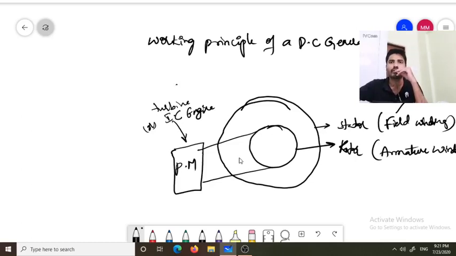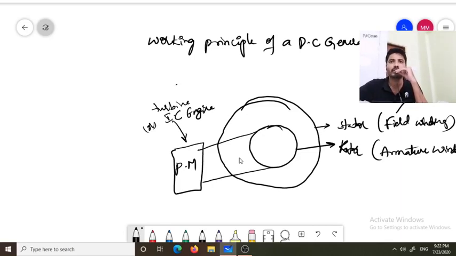Why? Because the flux always travels from north pole to south pole. If there is no air gap between stator and rotor, the flux would travel directly from north pole to south pole and the rotor would be attracted. That means the rotor is at a standstill condition, not rotating.